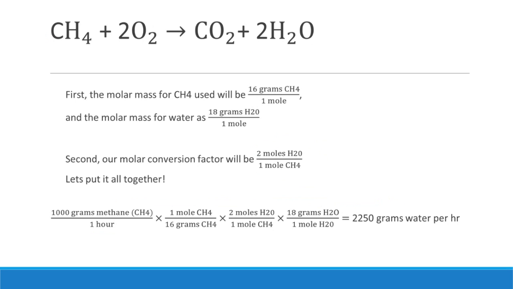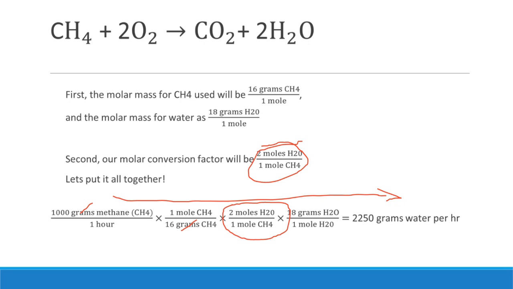Excellent. So I'm sorry, right here is where we were. If we multiply everything across the top, starting with 1,000 grams of methane, as long as we have set up our conversion factor properly, we would convert from grams of methane into moles of methane. Once something is in moles, we can use our molar conversion factor, this right here, in order to convert it into water.